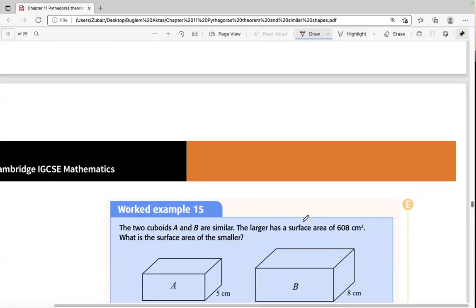The two cuboids A and B are similar. The larger has surface area 608. What is the surface area of the smaller? A1 by A2 equals L1 by L2 whole squared. Now let us keep the unknown first, over known, which is 608. Unknown's side is 5, known's side is 8, whole squared. So A1 equals 5 by 8 whole squared times 608.